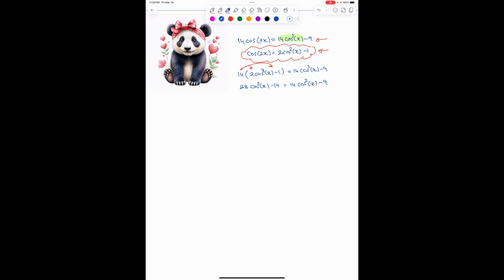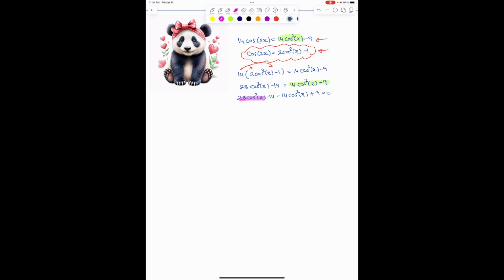Now to solve this equation, we're going to make the right-hand side 0. So we're going to say 28 cosine square x minus 14 minus 14 cosine square x plus 9 equals 0.